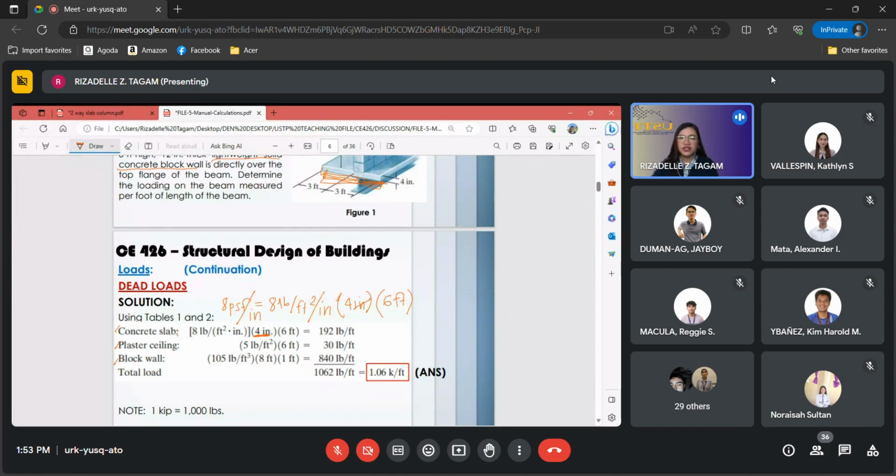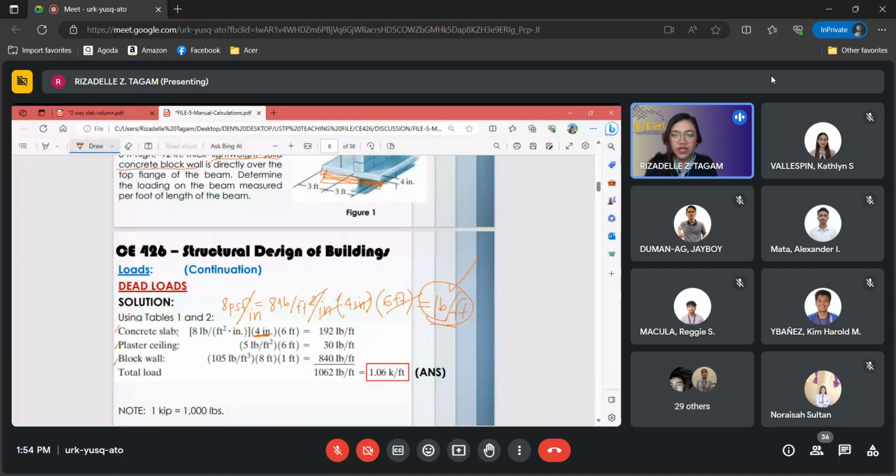So the inch cancels, and then one foot cancels. The remaining unit is pounds per feet, and that is okay. That's the unit for our uniform load. Remember, on solving loadings, the dead load we treat as a uniform load on our structure.